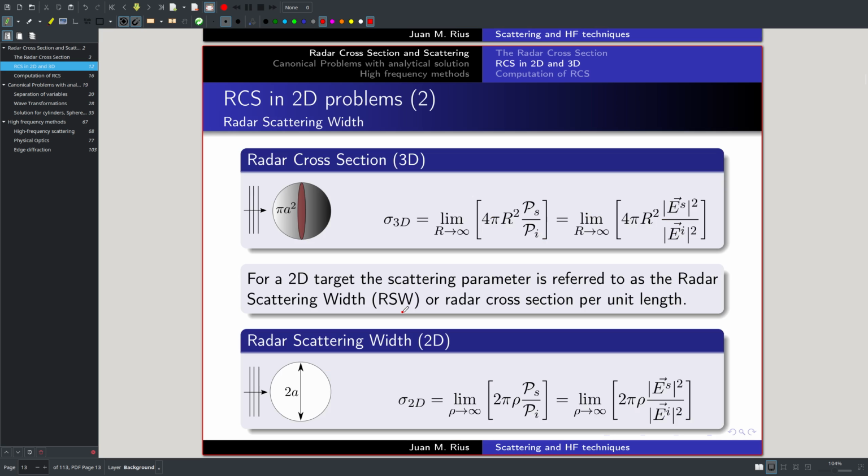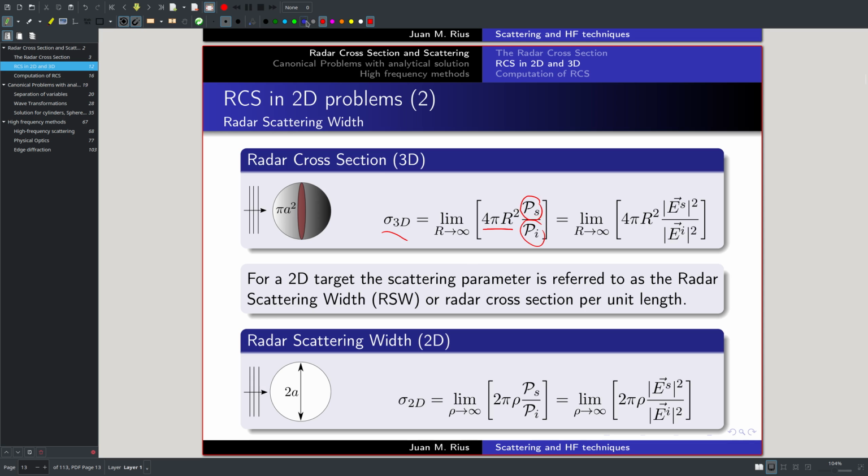Now, we can define the radar cross-section for two-dimensional problems. First, I remind you the definition of RCS in three-dimensional problems, as the limit for a large observation distance r of 4 pi r squared times the scattered power density over the incident power density.